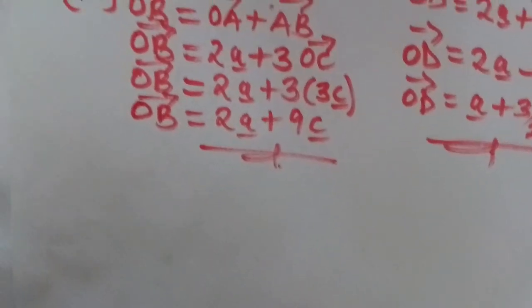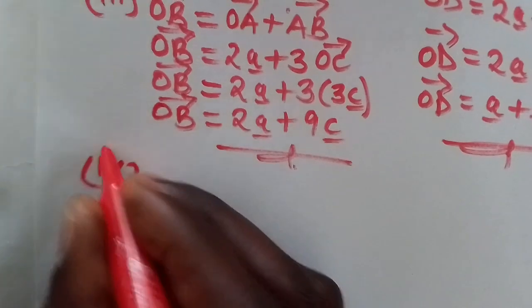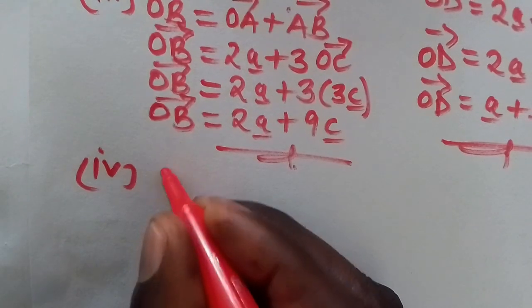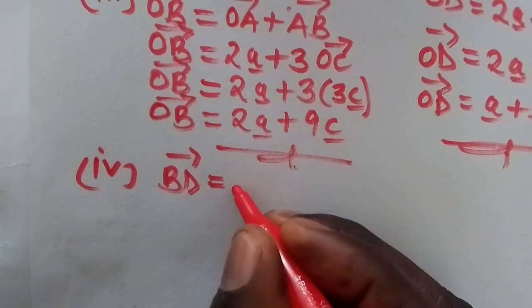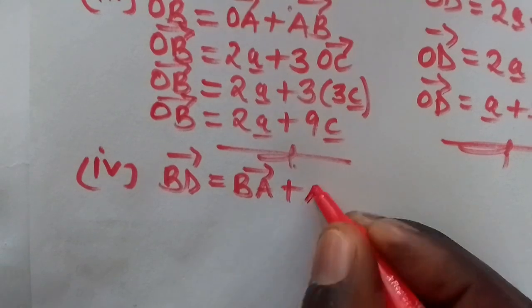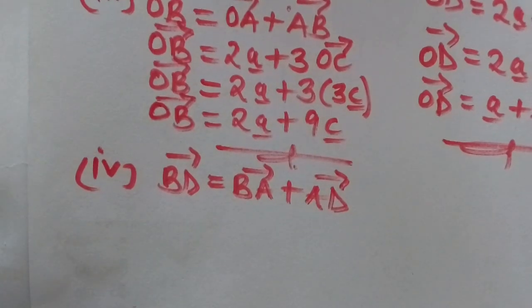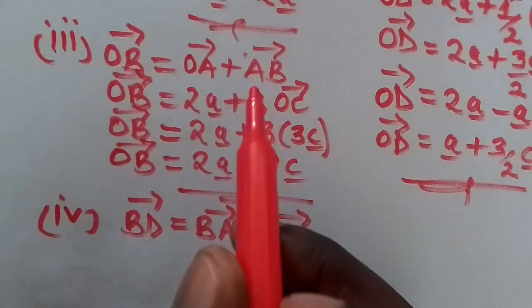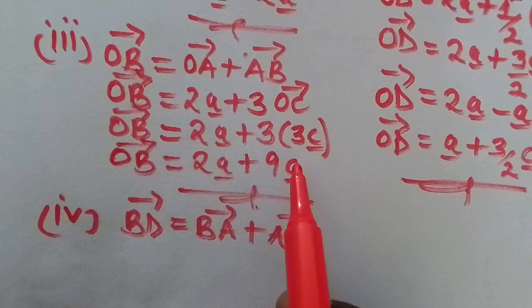So this will give us the following. Roman numeral 4. To get the vector BD, we'll take the direction BA, then plus AD vector. Now, BA vector is the negative of AB vector. If you remember, we got AB at some point, which is 3 times OC, and this gave us 9C.